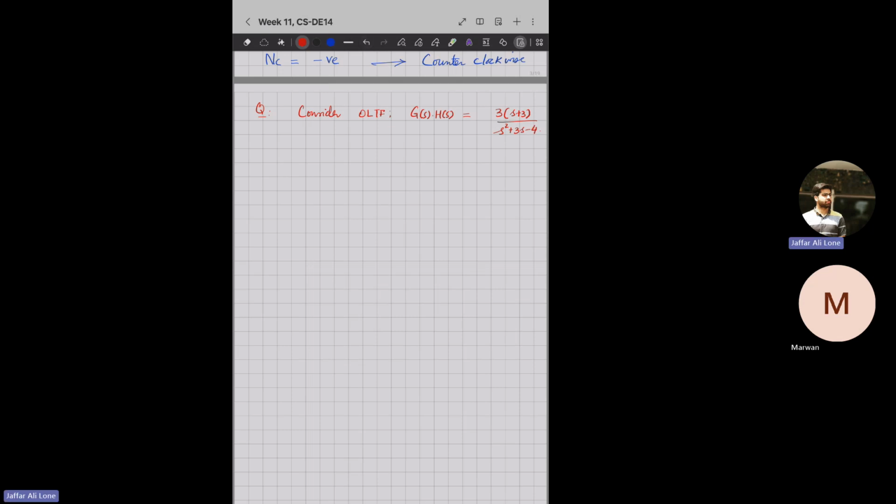For the same transfer function, one can conclude that the mapped contour of the Nyquist contour in the G(s)H(s) plane. These questions are also in your assignment. Actually, in the Nyquist plot we do mapping, so I hope you have gone through the lectures.